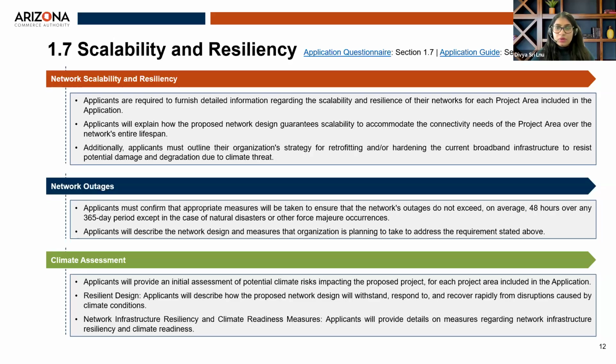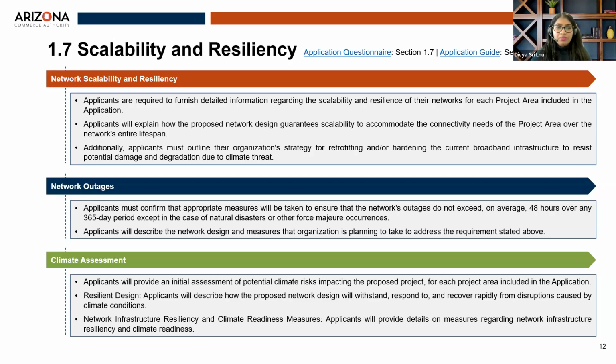Based on that, applicants must outline the organizational strategy for retrofitting or hardening the current broadband infrastructure to resist potential damage and degradation due to climate threats. The next section under this is the network outages section, where applicants must confirm that appropriate measures will be taken to ensure that the network's outages do not exceed, on average, 48 hours over a 365-day period, except in the cases of natural disasters or force majeure occurrences.